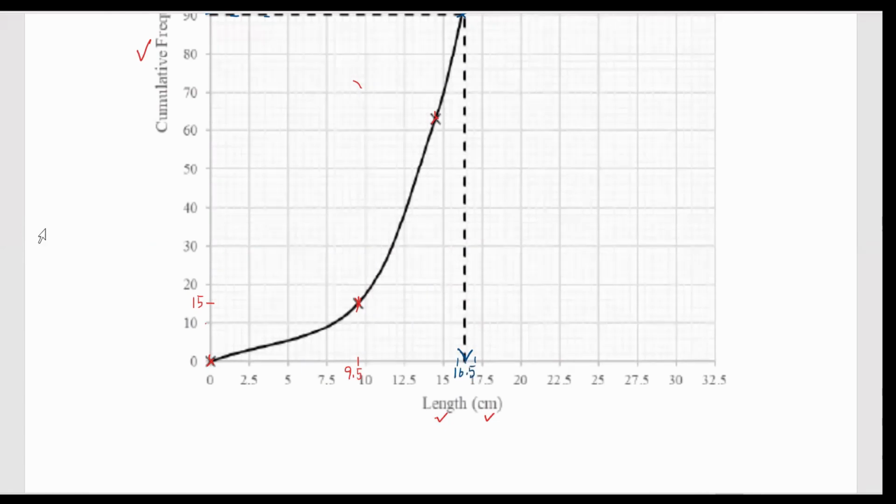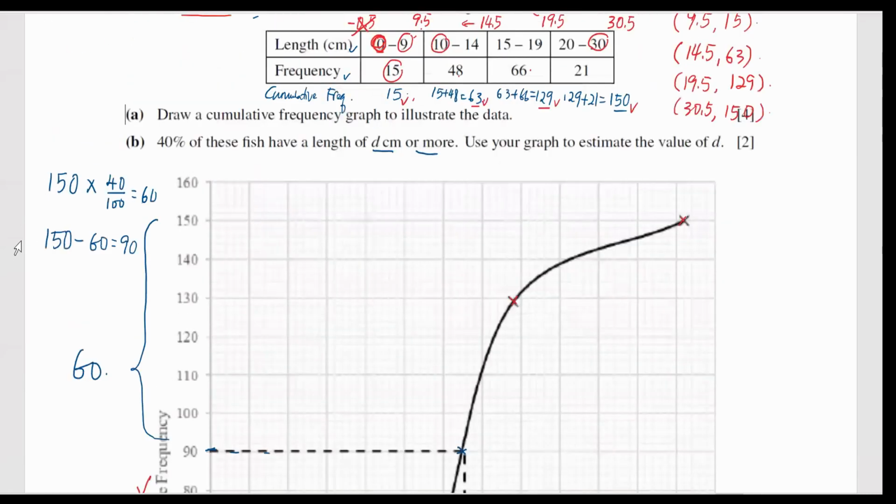All right, so we can answer part B. 40% of these fish have a length of 16.5 cm or more. So the value of d, small letter d, is 16.5. All right, use your graph, estimate the value of d.